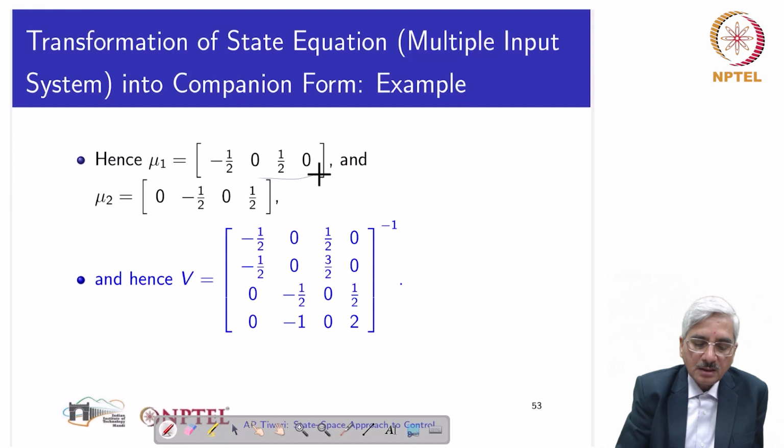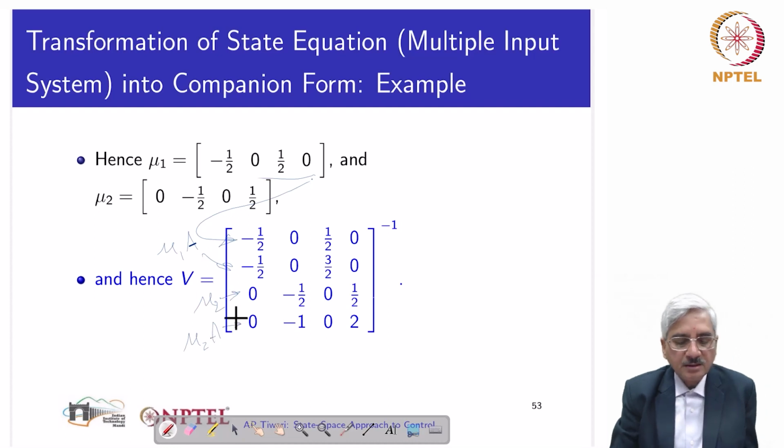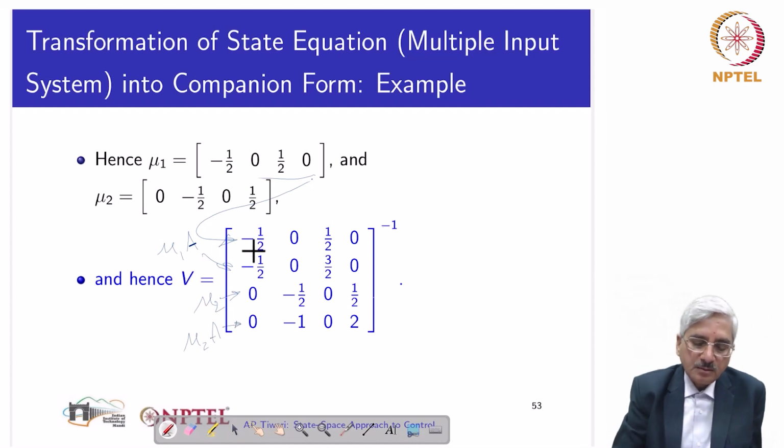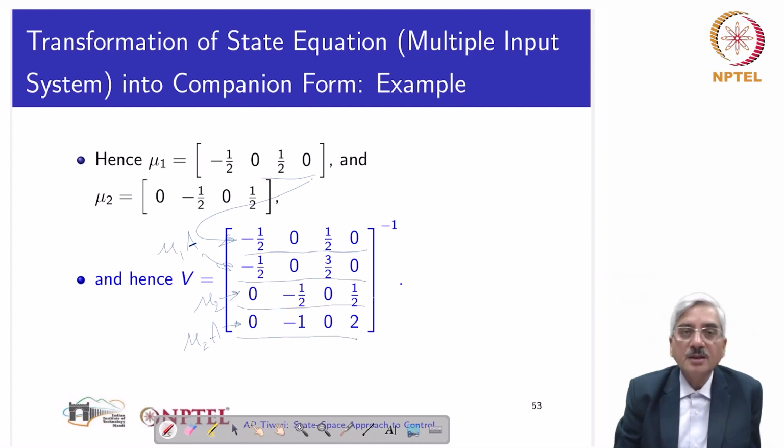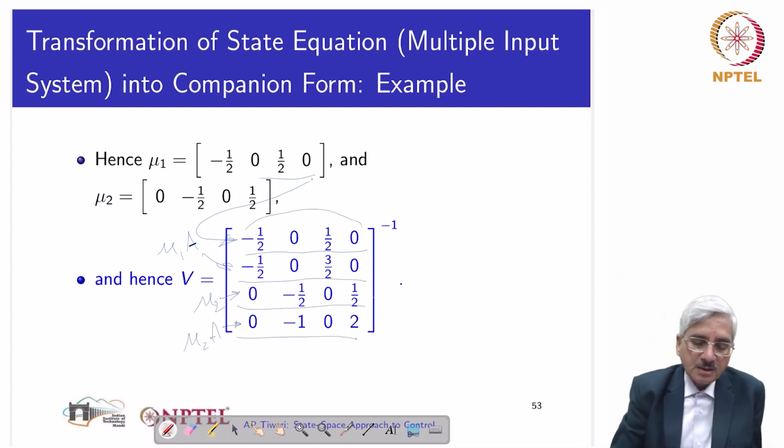This mu1 here and mu1a here. This is mu1a. This is mu2 and this is mu2a. We assemble to get this V. This is mu1, this is mu1a, this is mu2, this is mu2a. Inverse of this is the transformation matrix V.